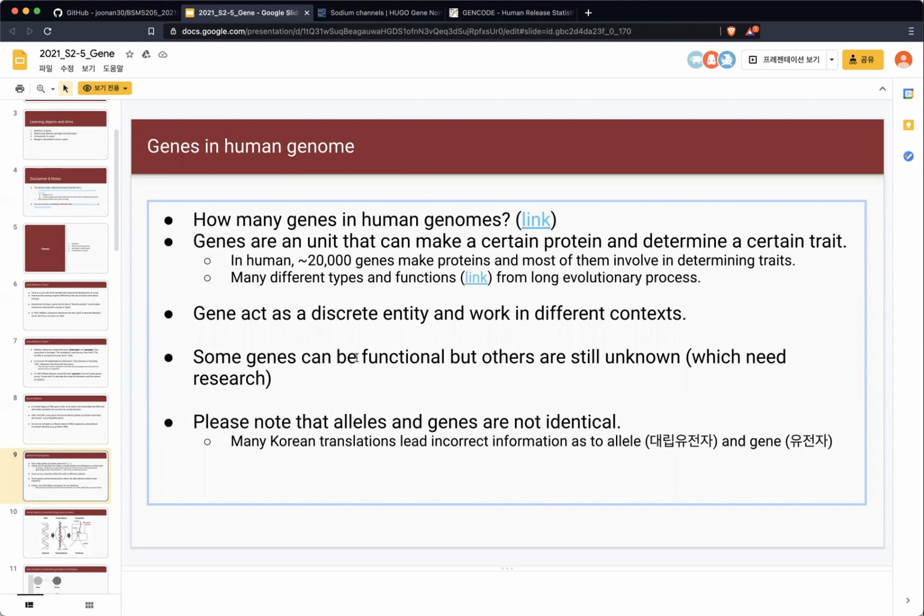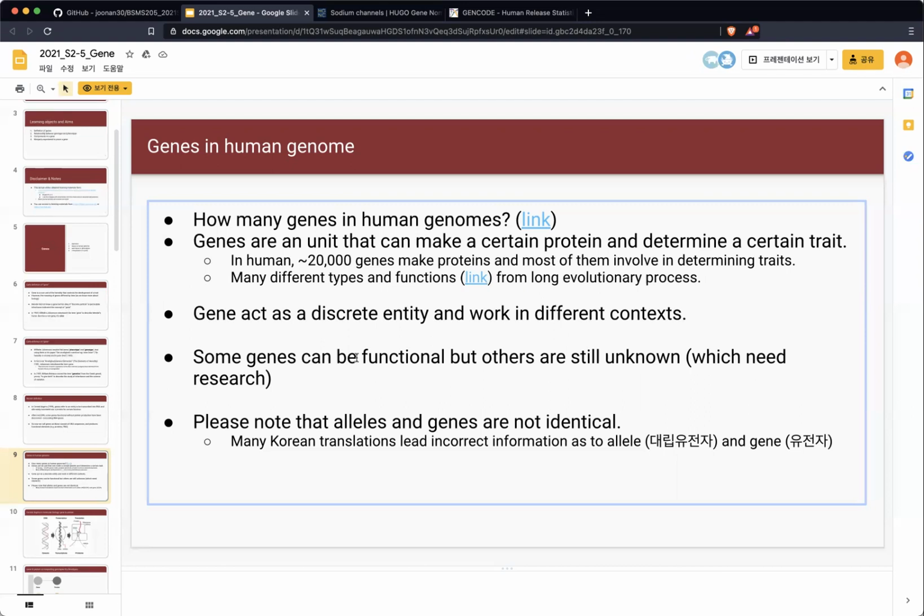We also don't know many things about the non-protein-coding genes, about 40,000 of them, why we have so many in our human genome, and what that means in the biological context. So we still don't know many things about the functions of many genes, and research is heavily going in that direction.